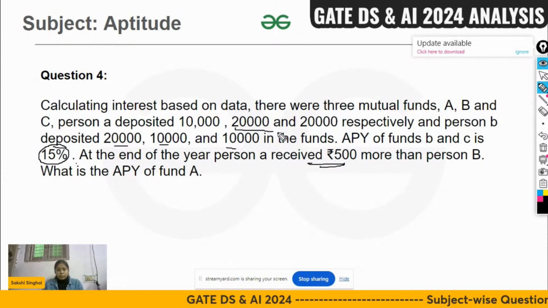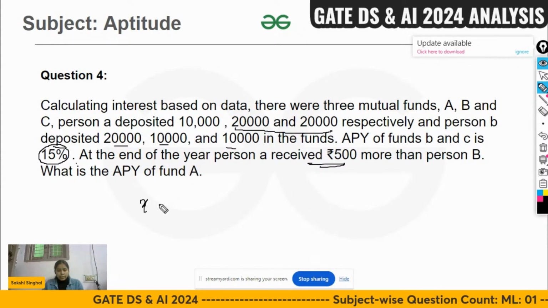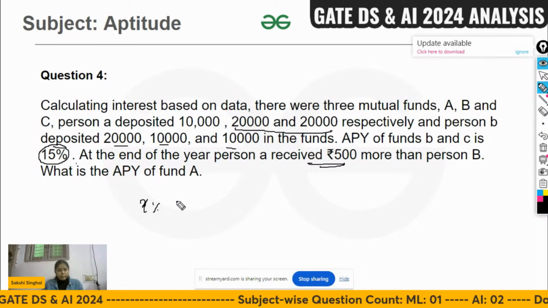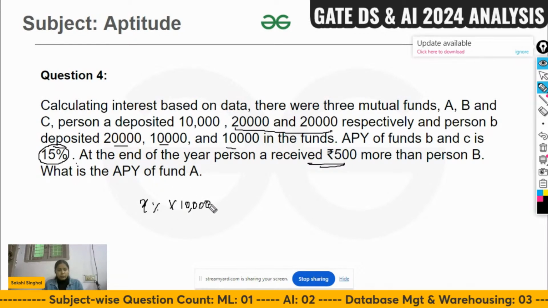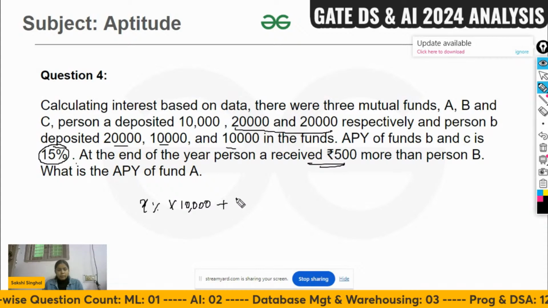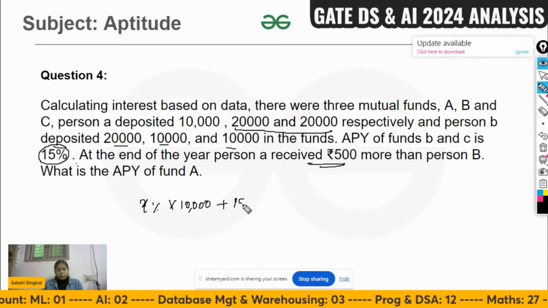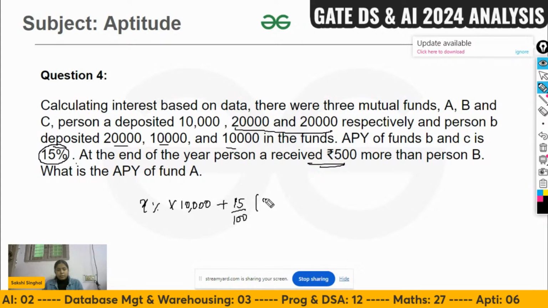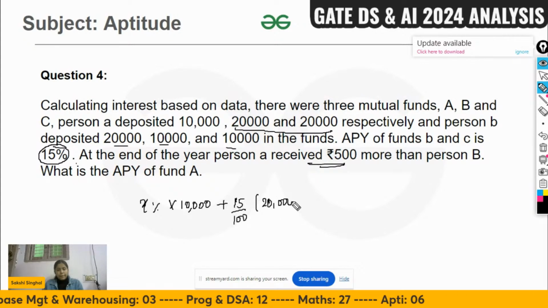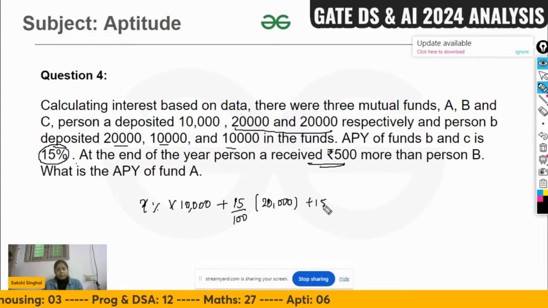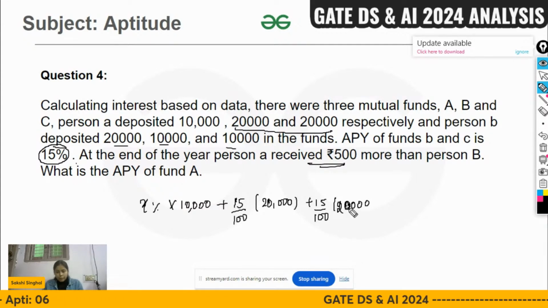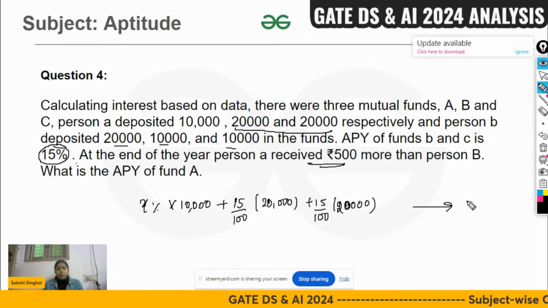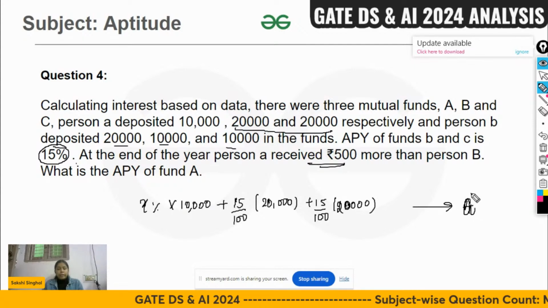Let's suppose I am getting X percent on the 10,000 rupees deposited in the first mutual fund, A, and we have 15% on this 20,000 and 15% on this 20,000. So this is the amount person A would get at the end.